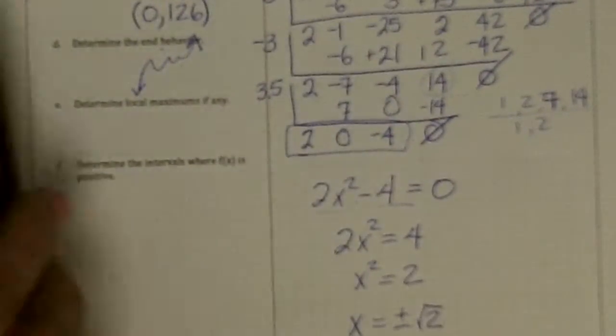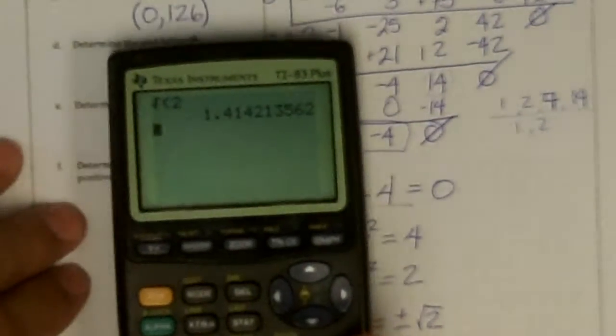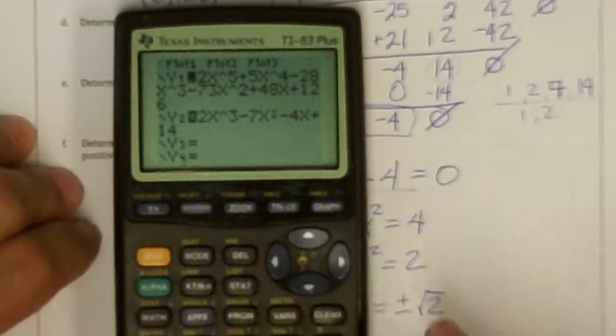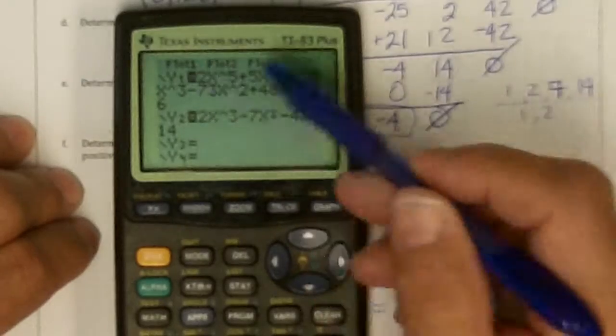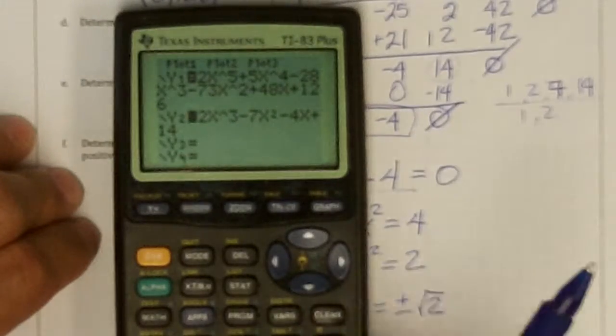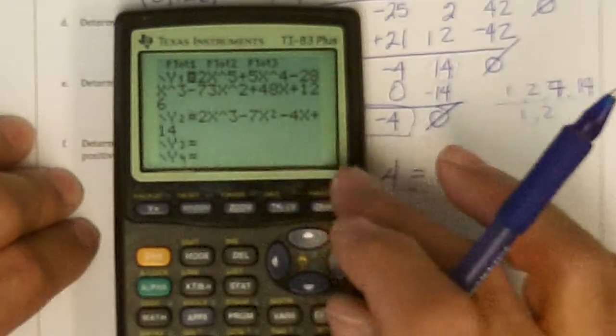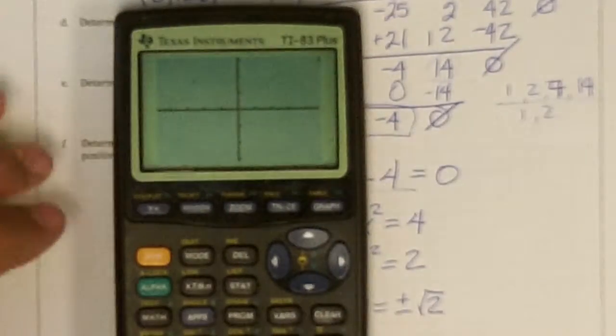Local maximums. Okay, so now I got to go back to my original graph, and so I'm going to turn that one back on by pressing enter on the equal, and turn that other one off by pressing enter on its equal, and zoom before we saw it.